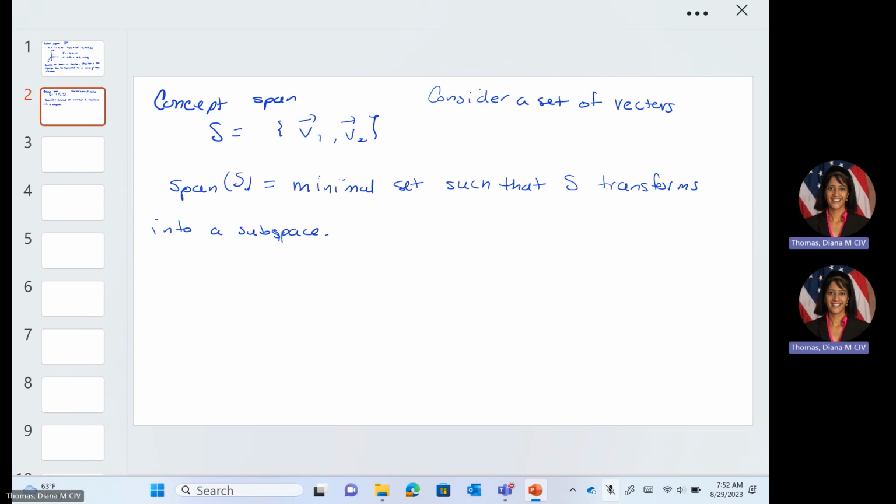So you got a definition in linear algebra where subspace was all linear combinations of the set.